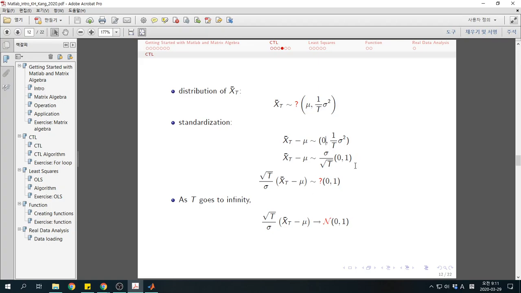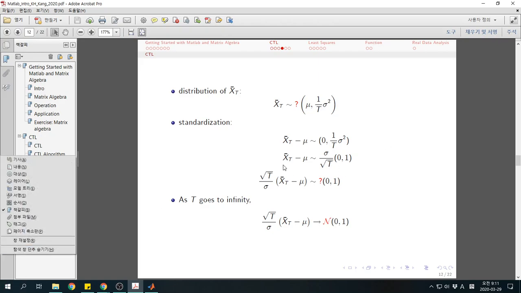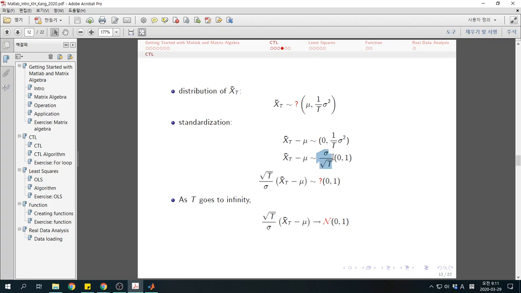Then let's divide by the standard deviation on both sides. So root capital T over sigma times (x bar minus mu) must have mean 0 and variance 1, because the standard deviation is sigma over square root of capital T. According to the CLT, this random variable converges to the standard normal, right?